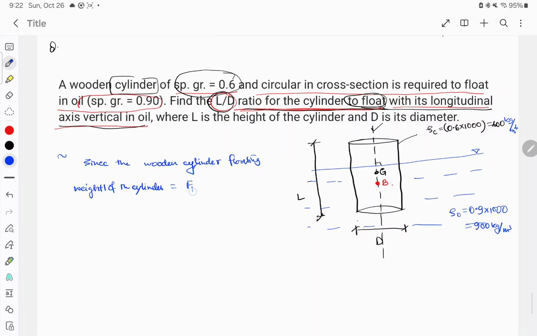And force of buoyancy is the weight of liquid displaced. The liquid is oil, displaced by the cylinder.